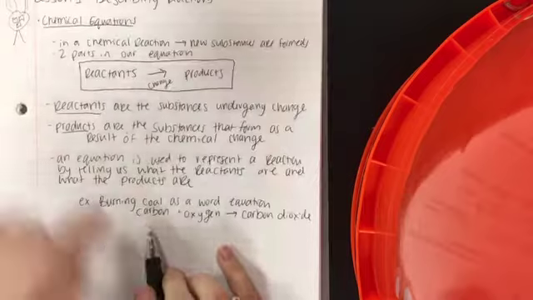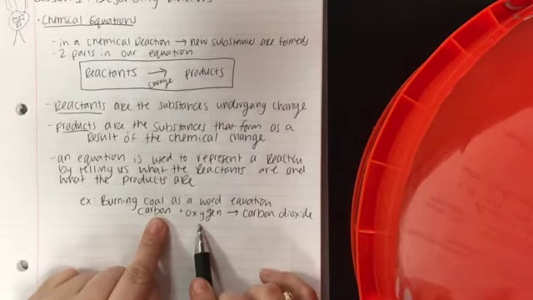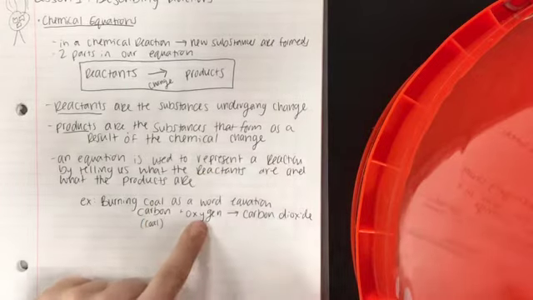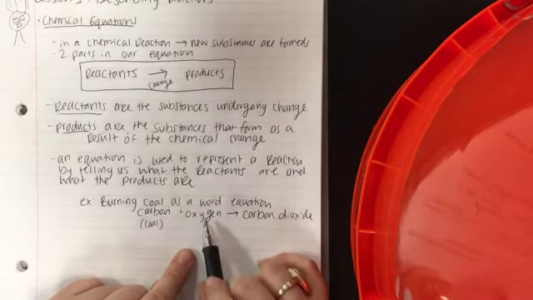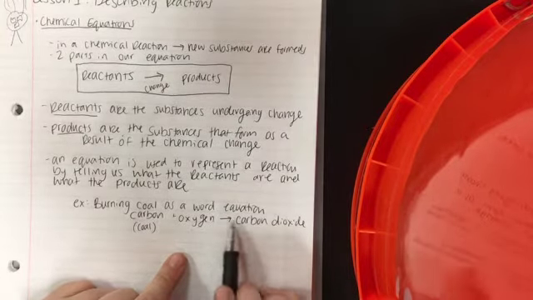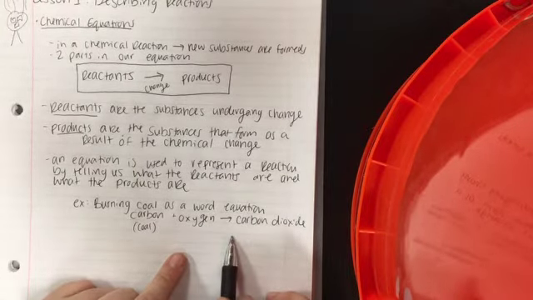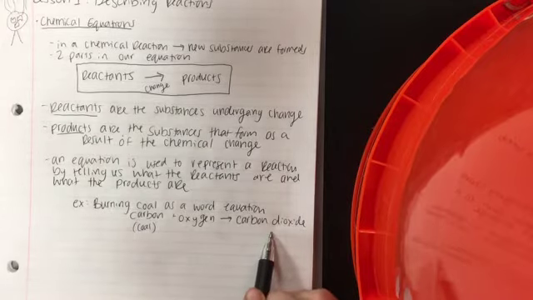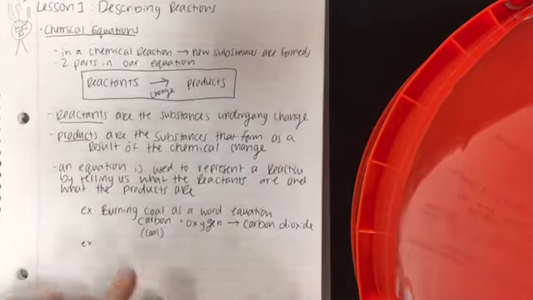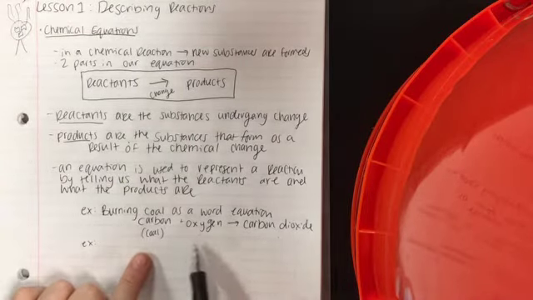So we put these reactants in, carbon and oxygen, right? Carbon, the coal, oxygen, the air, right, around us. And then we have that heat that goes into it, and then during that reaction, that change occurs, and we get carbon dioxide.